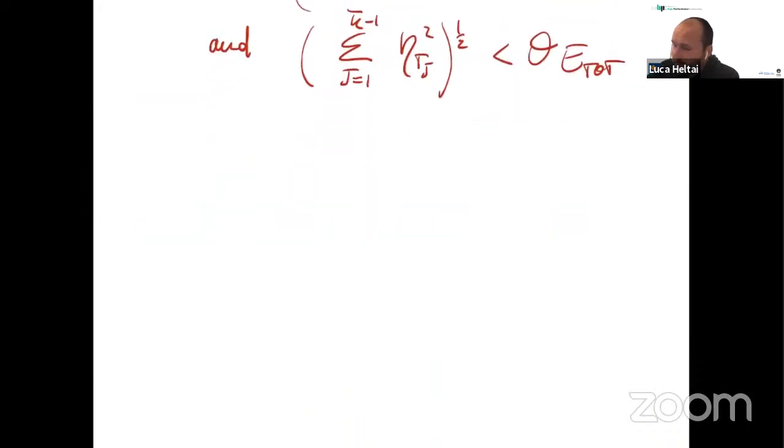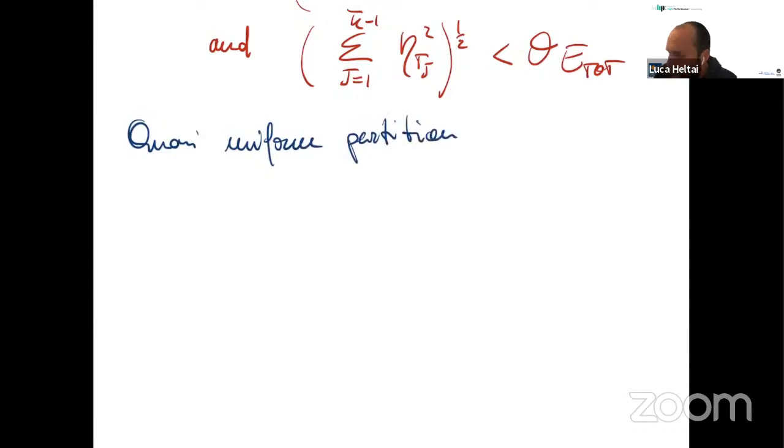Okay, and now the most important part here is understanding why this is useful, right? So with a quasi-uniform partition, we know already that one thing one can say is the minimum of HT is similar to the maximum of HT, and it's also similar to the minimum for T in tau.